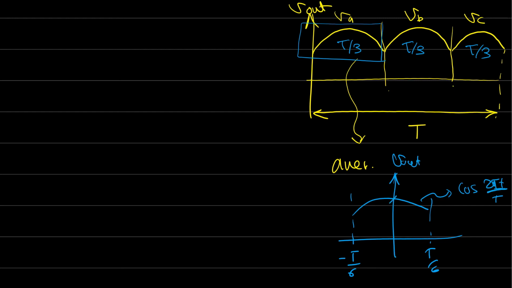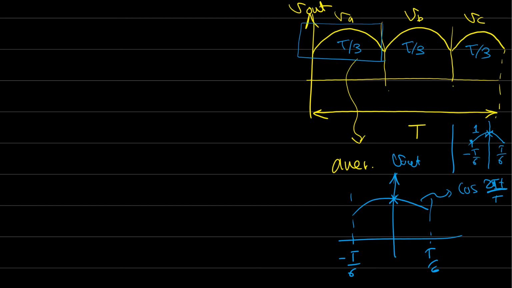Because we need to benefit from the limits here. If we say that this is sine, we don't know exactly when this sine starts or when it ends, right? But if we take the axis from here, then we know exactly that this is 1 or the maximum, okay? And here minus T over 6 to T over 6.